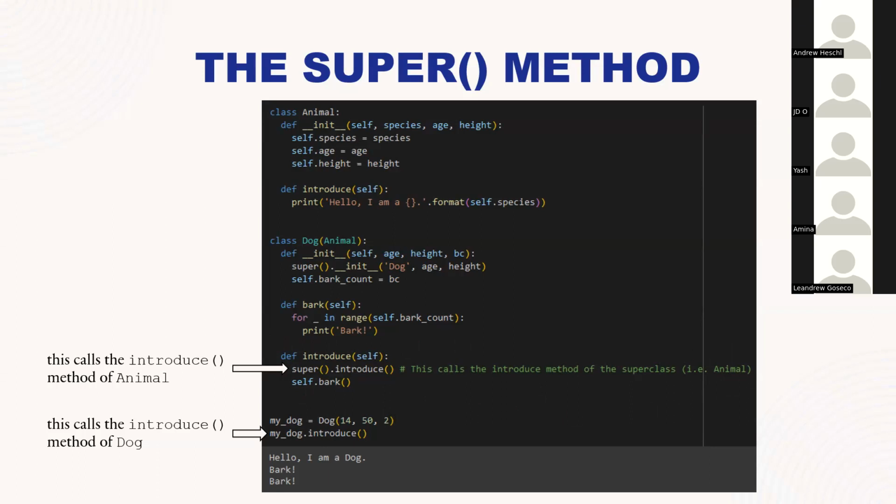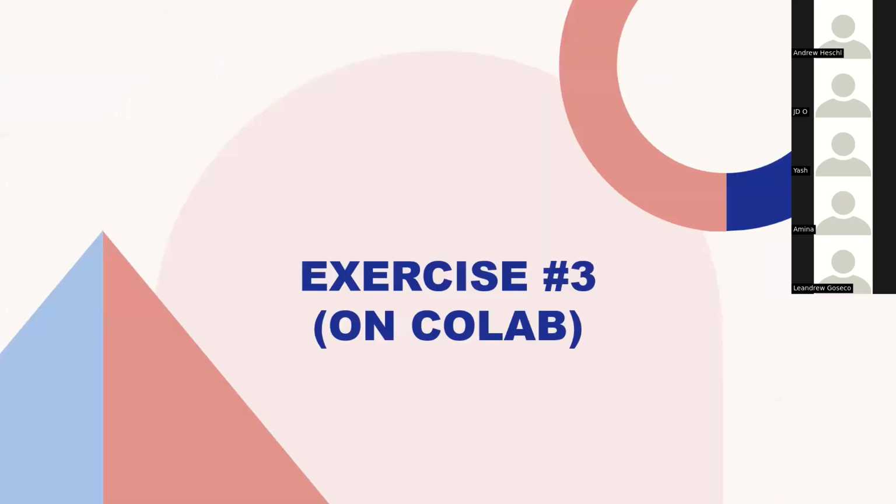I'm running a little bit short on time, so we have one final exercise that's meant to illustrate the concept of inheritance. But I think what I will ask you to do is to just do the first question of that exercise, just so we can get through it a little bit quicker.